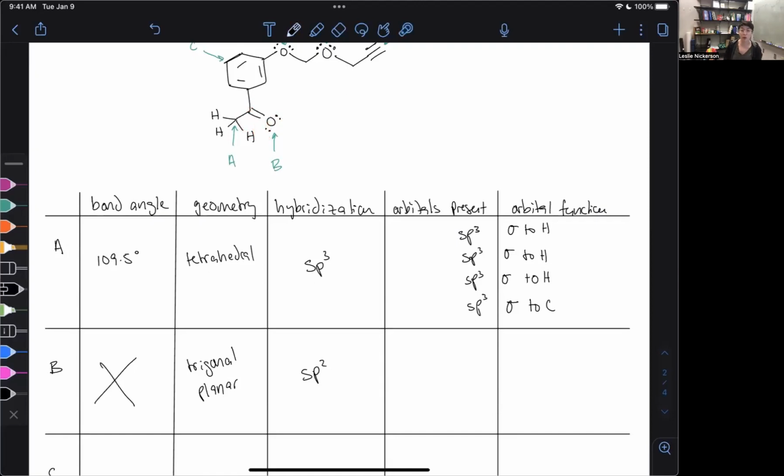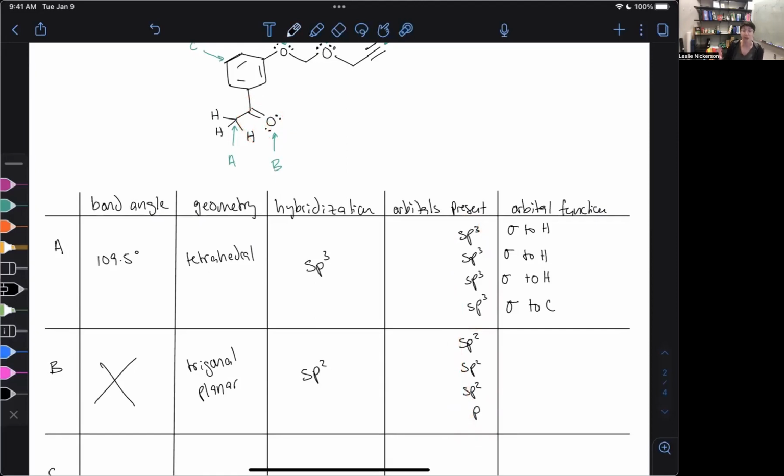Okay, so for orbitals present, every sp2 atom has 3 sp2 orbitals and 1 p orbital. And keep in mind that we're looking for the magic number of 4 here, where there should always be 4 orbitals in a list. So then if I'm looking at this oxygen, I have a few more things happening here.